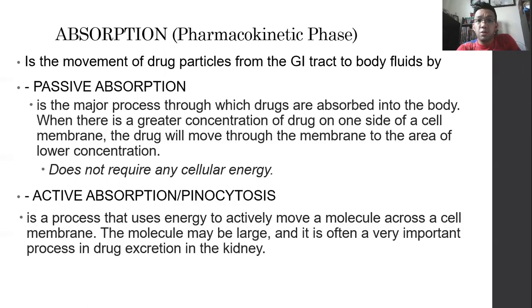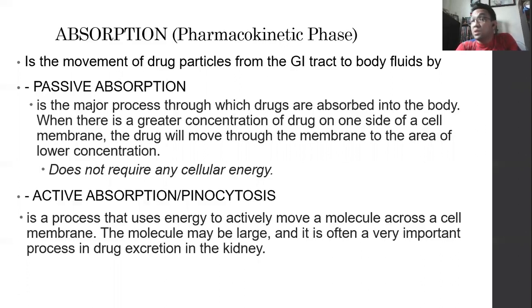So here in the absorption phase, this is the movement of the drug particles from our GI tract to the body fluids. It can be through passive absorption, which is a major process through which drugs are absorbed into our body.